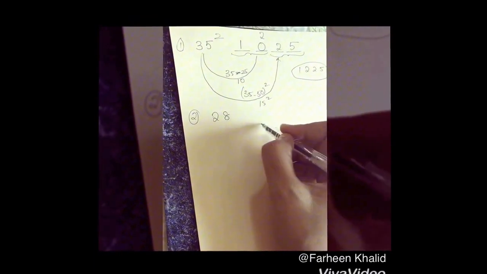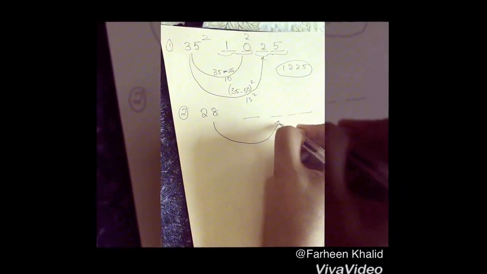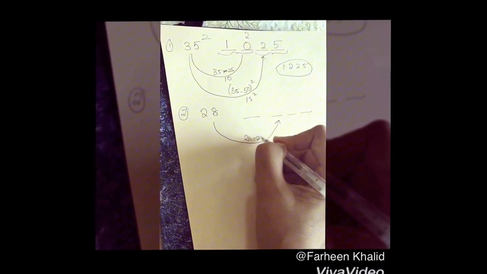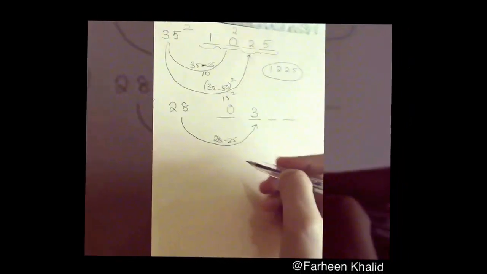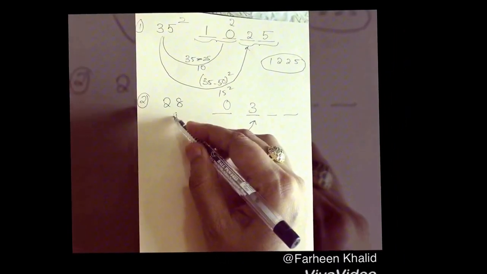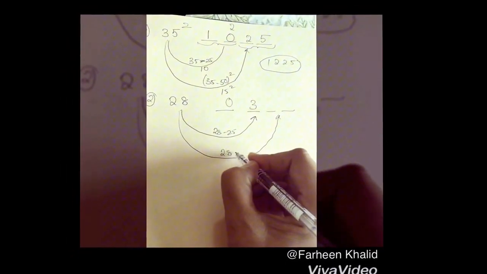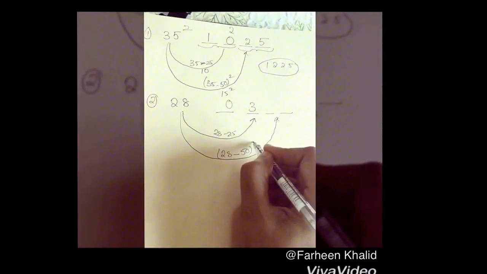Okay, so now again we put 4 spaces here, and then we do the first part, which is 28 minus 25, which is 3, so we put a 03 here, and then we have the next step, which is going to be 28 minus 50, and you square it.